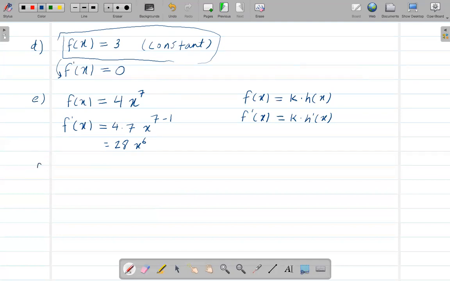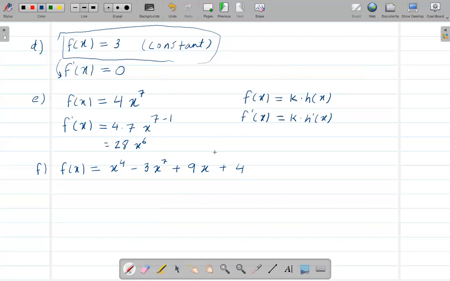Now the next one. The next one, f of x is equal to x to the power 4 minus 3x to the power 7 plus 9x plus 4.